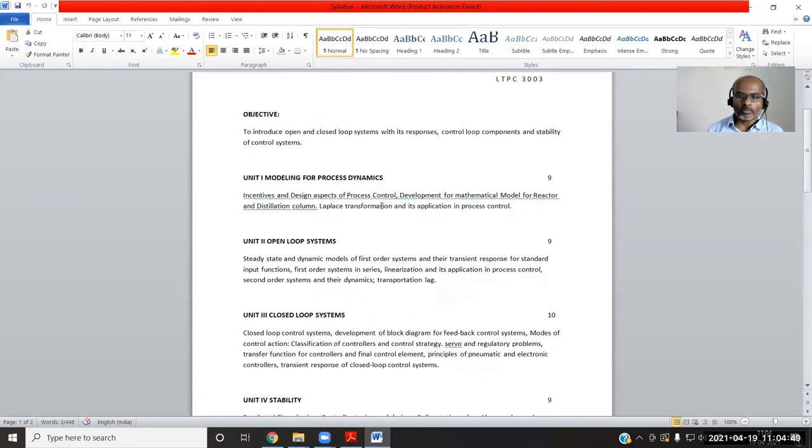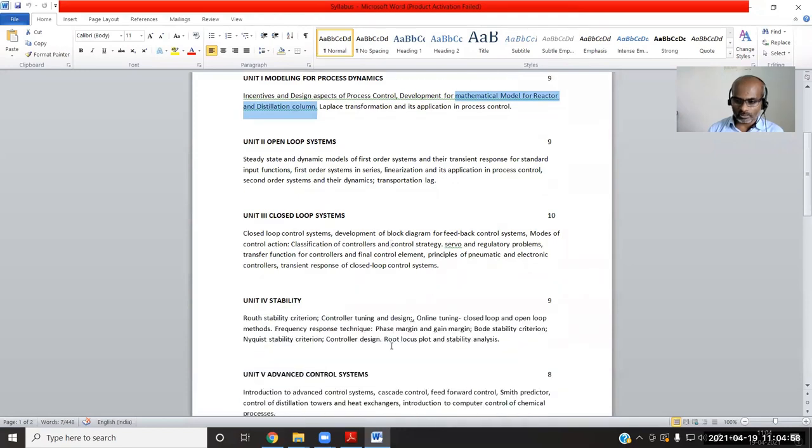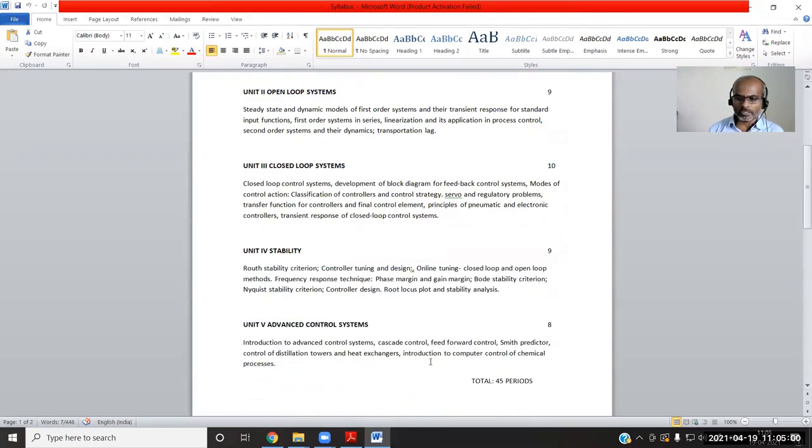For these two topics, root locus plot and Smith predictor, I will prepare material, and also some idea about the model for reactor and distillation column. So these 3-4 topics are still yet to be discussed, but whatever is left out, we'll give only an introduction. We cannot have a rigorous approach. One class of introduction means the questions will also be very minimal from those topics.